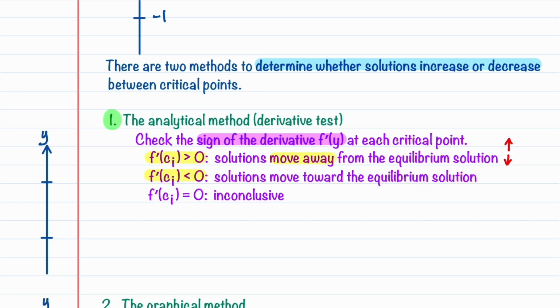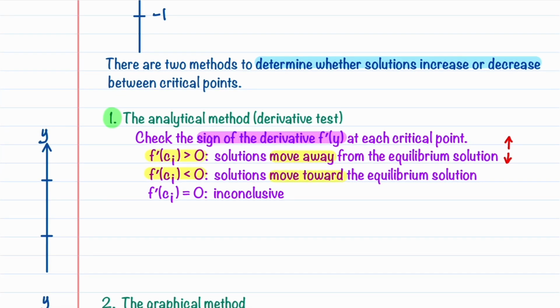If the derivative is less than 0, then solutions are going to move toward the equilibrium solution, and we notate this with two arrows that move toward the equilibrium solution. And if the derivative is equal to 0, the test is inconclusive, which is why we have to have two methods. Let's understand how this works with our example.